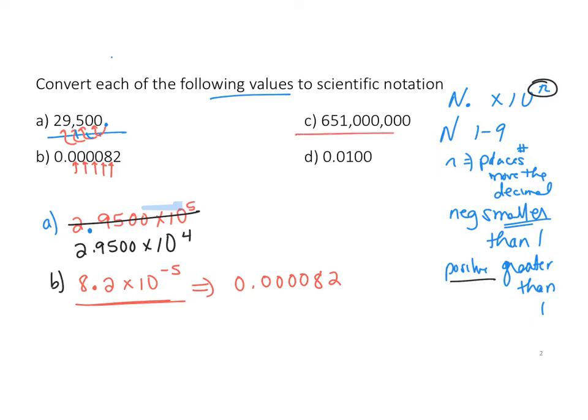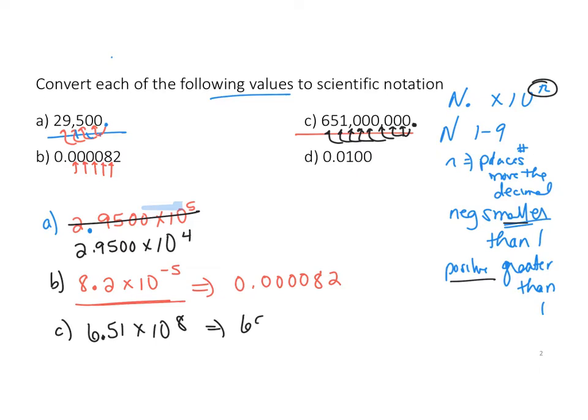Okay. So the C, as you see, is a large number. So this is going to be a positive little n exponent. And so it's going to be 6.51. And then let's count how many decimals. 1, 2, 3, 4, 5, 6, 7, 8. Times 10 to the 8th. And so if you were to move this out of scientific notation, you would count 8 movements, and it would go to the right to make it a big number.